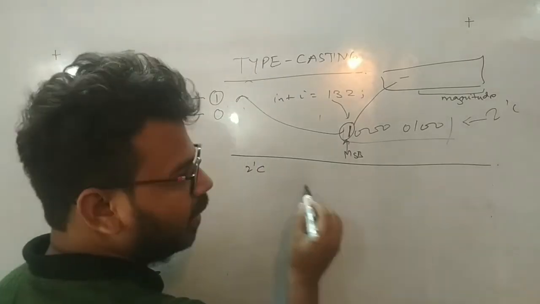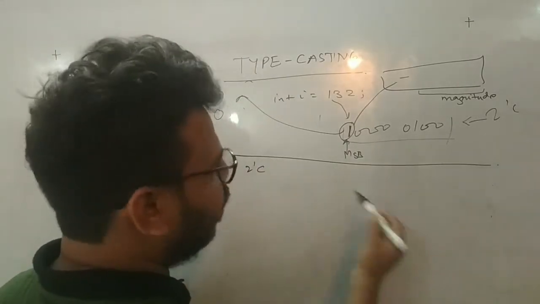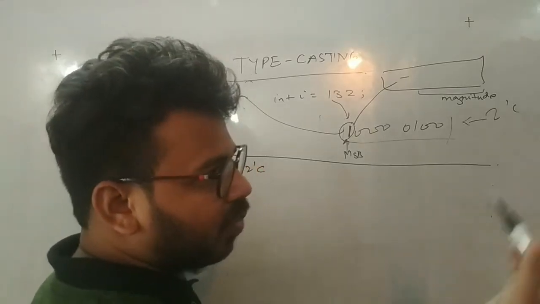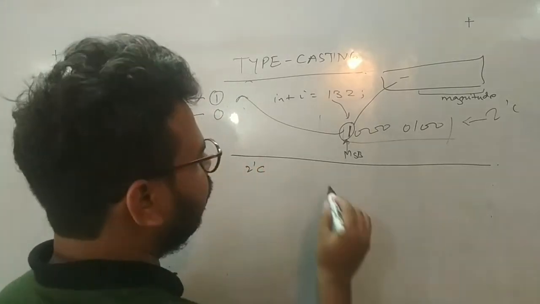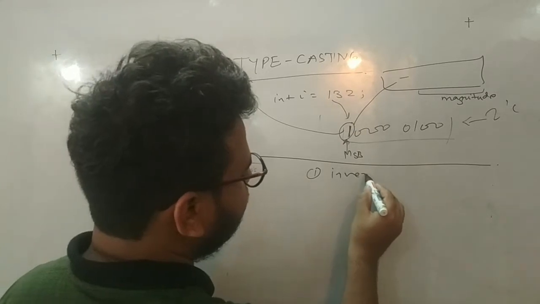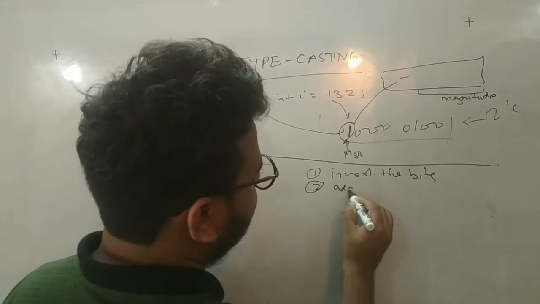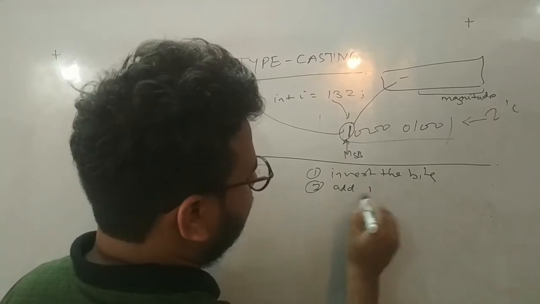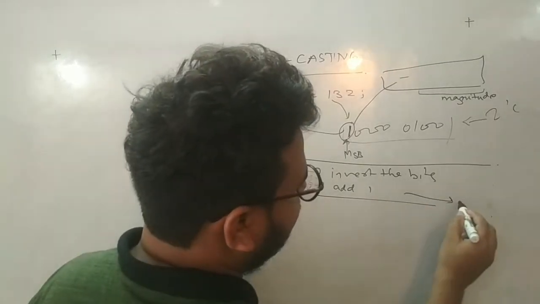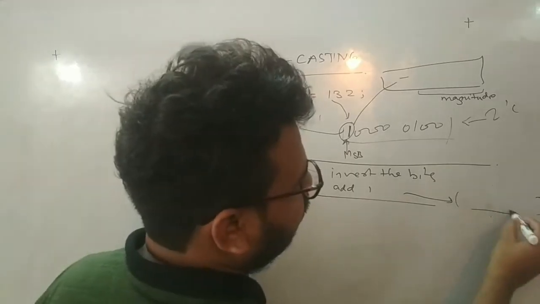Two's complement is simply, first of all, if we have any binary number, we have to invert the bits. After that, add 1 to that. Invert the bits, second, add 1. The output will be the 2's complement of that number.